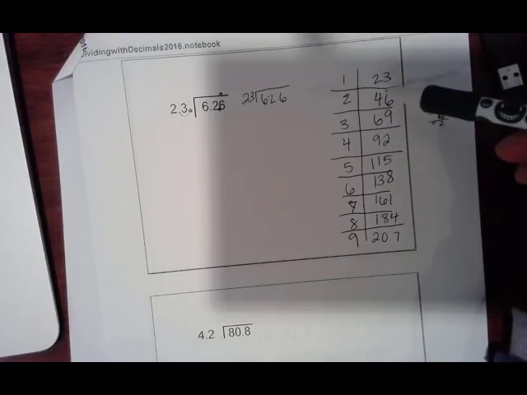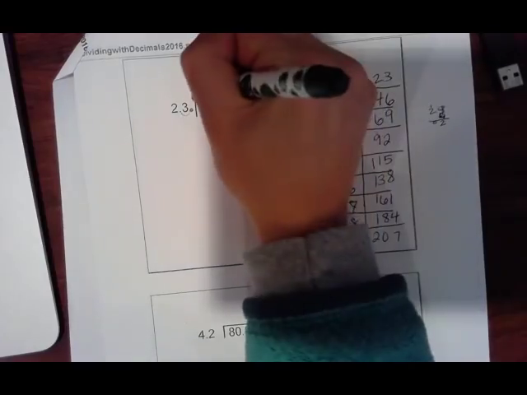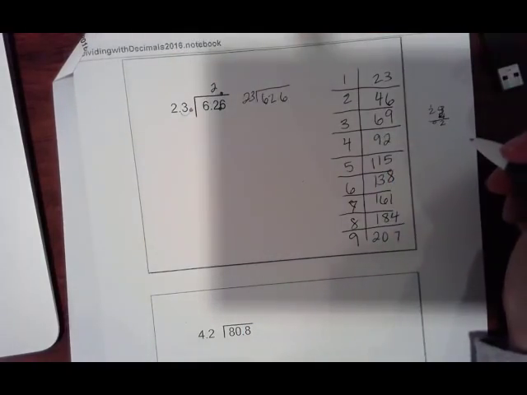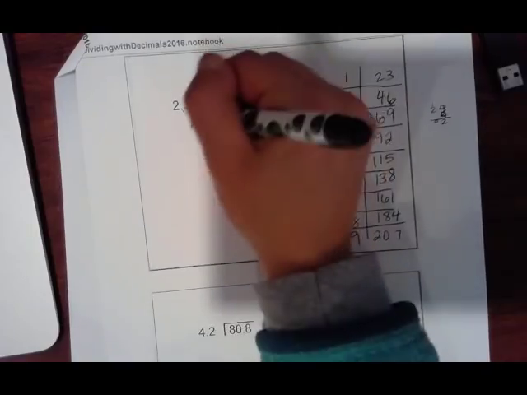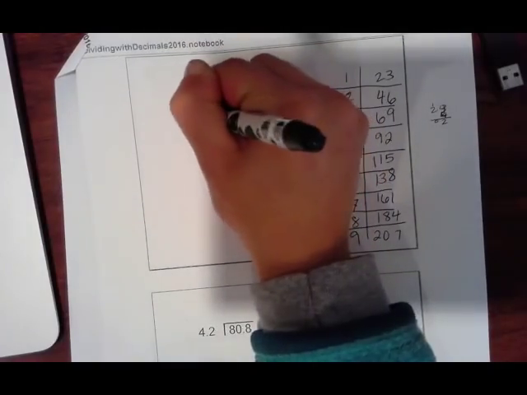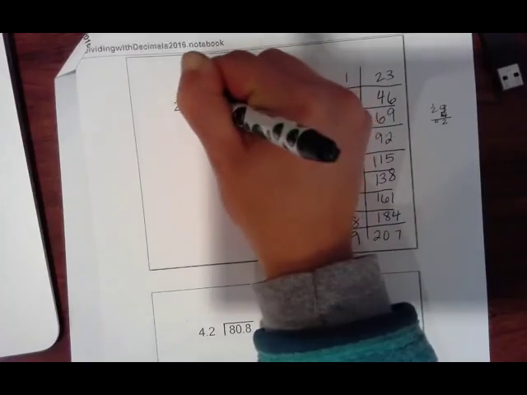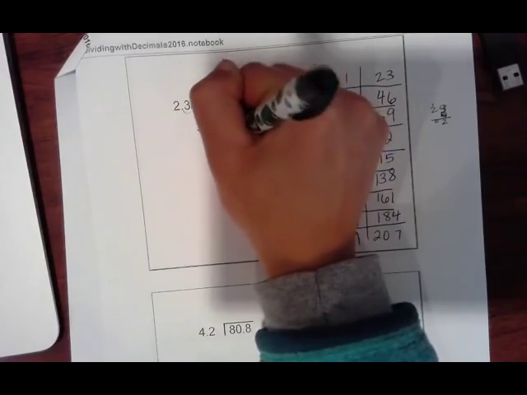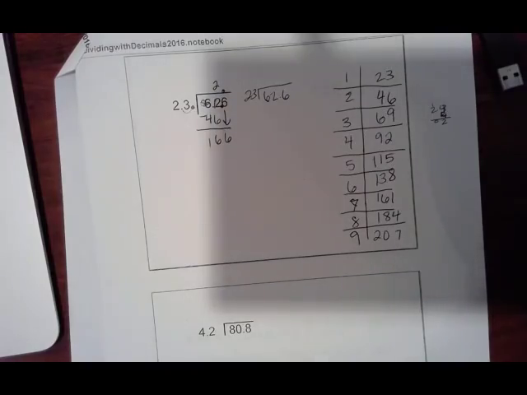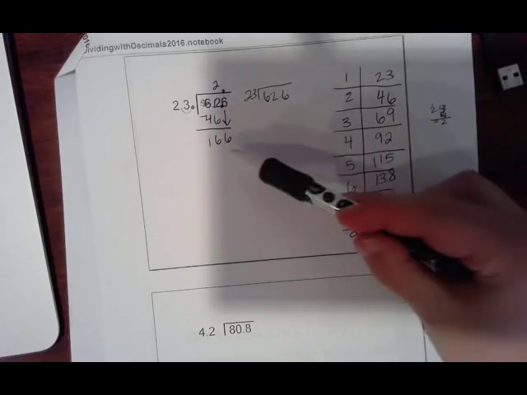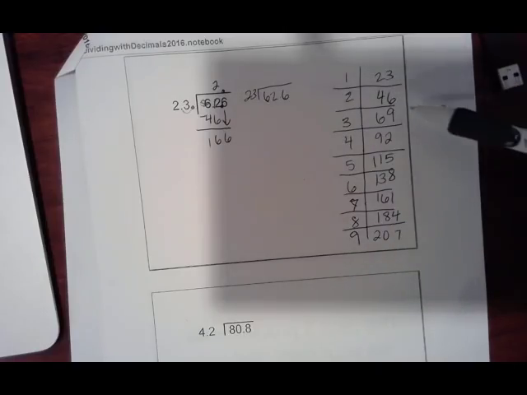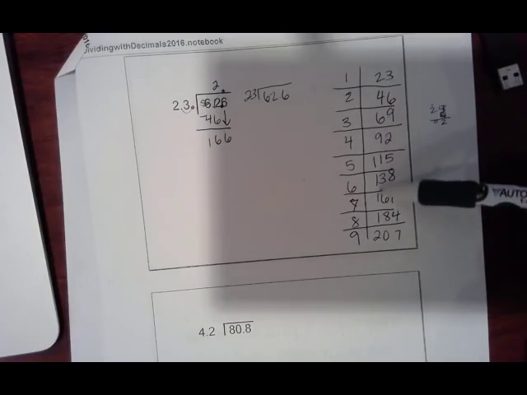So that is going to be twice. 2 times 23 is 46. When I subtract, I get 16. Bring it down and bring it on back. Divide. So I need to get as close to 166 without going over it. So I'm going to go over to my table and I'm going to get to 7.